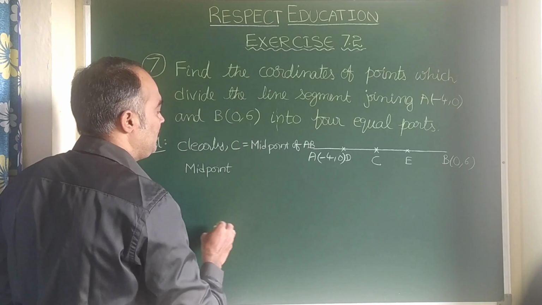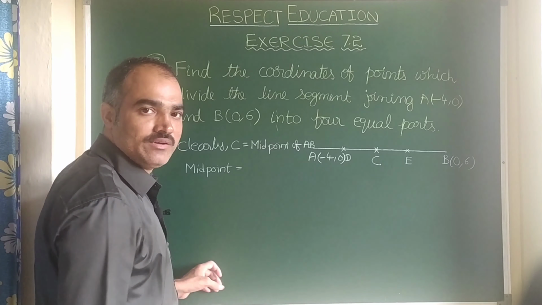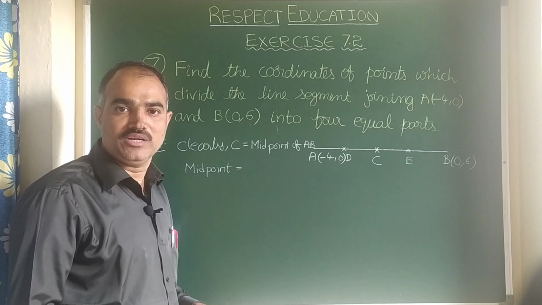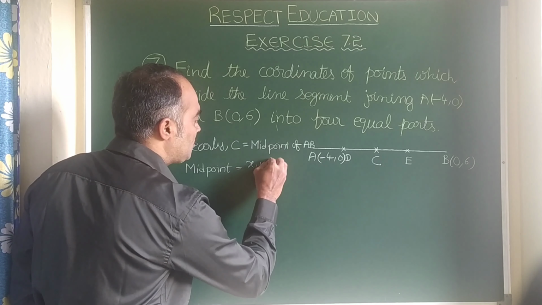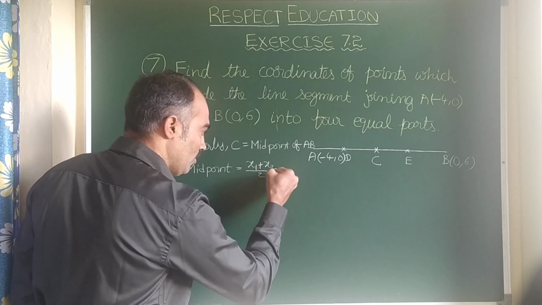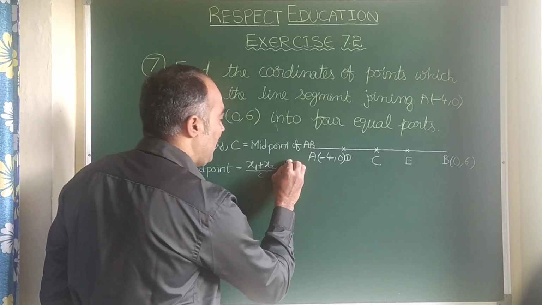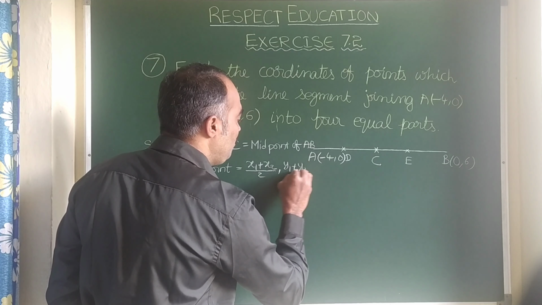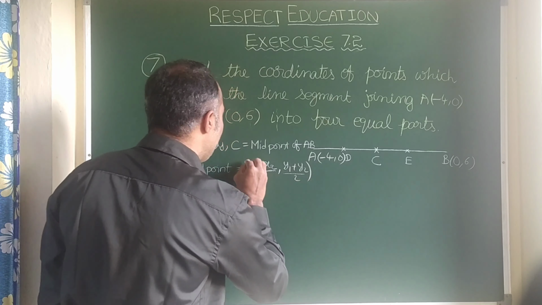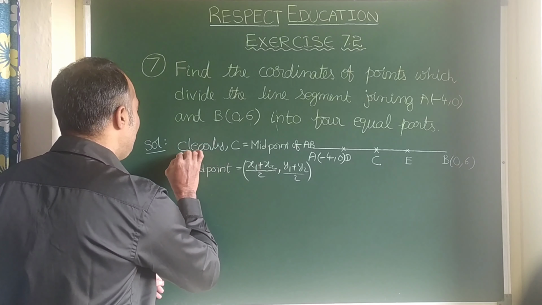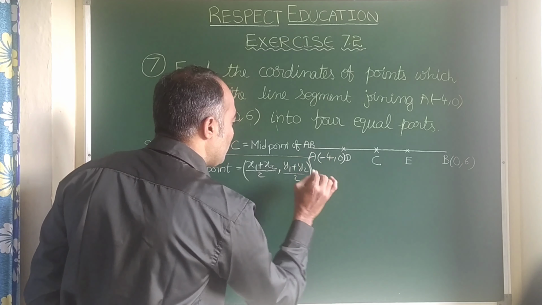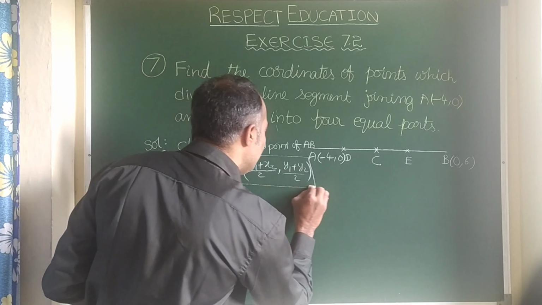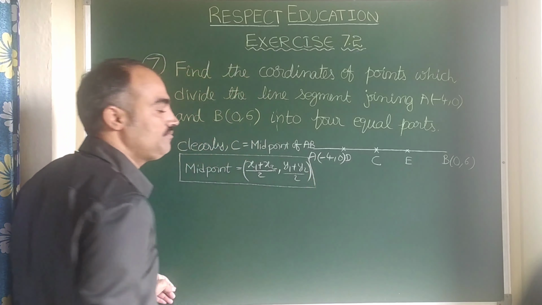The midpoint of the line joining A(x1, y1) and B(x2, y2) is ((x1 plus x2) by 2, (y1 plus y2) by 2). This is the midpoint formula. So by using this midpoint formula, we are going to solve this problem.